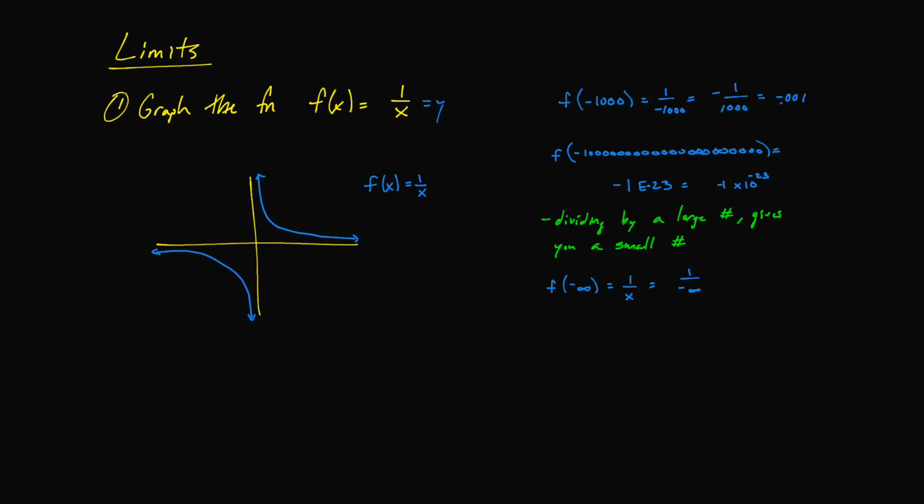Well, if we have something that's very large going into this number 1 here, we're going to get an output that's approximately 0. Now, remember, this was negative infinity. It's not exactly 0, but it's close to 0. So we say that it's 0, but on the negative side. So that output's going to be somewhere around here, right?